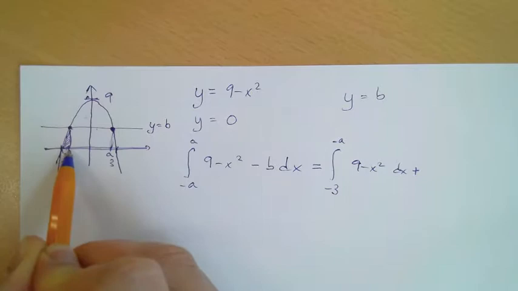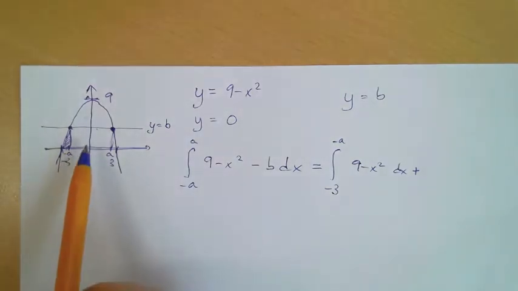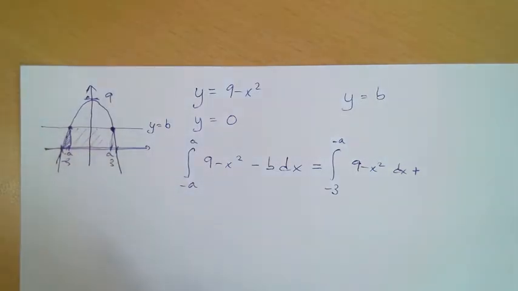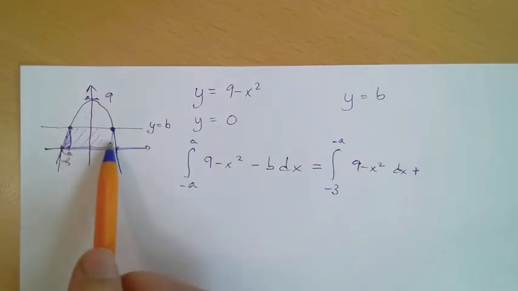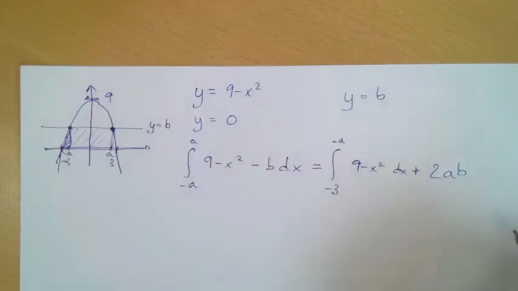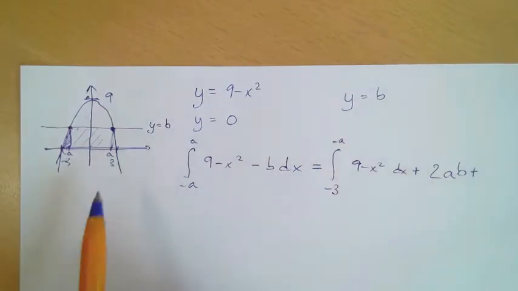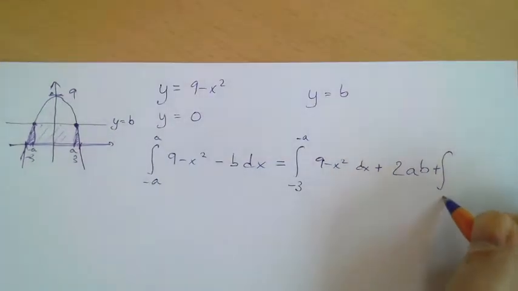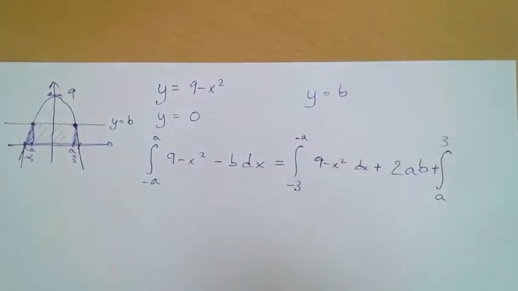So we have two options for the area of this rectangle. Either we use an integral, top minus bottom, or we just acknowledge the fact that it's a rectangle, so the area is base times height. The base is 2a times the height, which is b, so plus 2ab, plus the integral of this little slice here, which let's write as an integral, but you are probably thinking of something else.